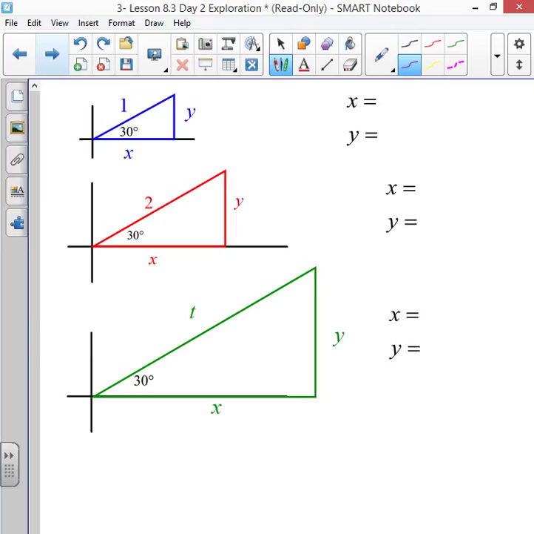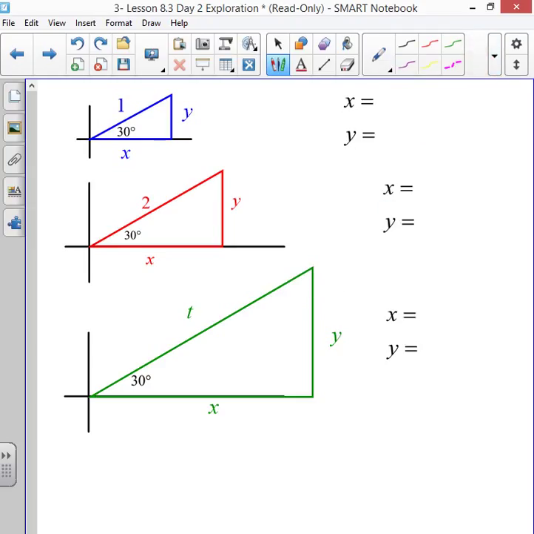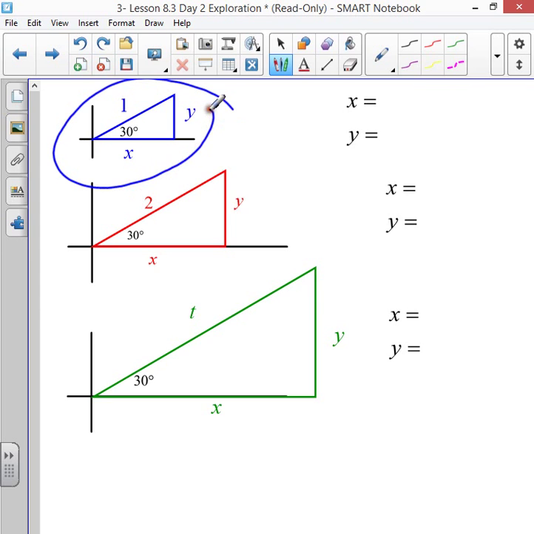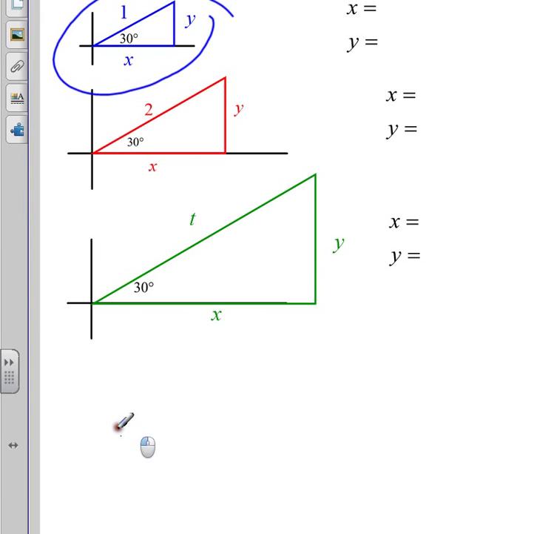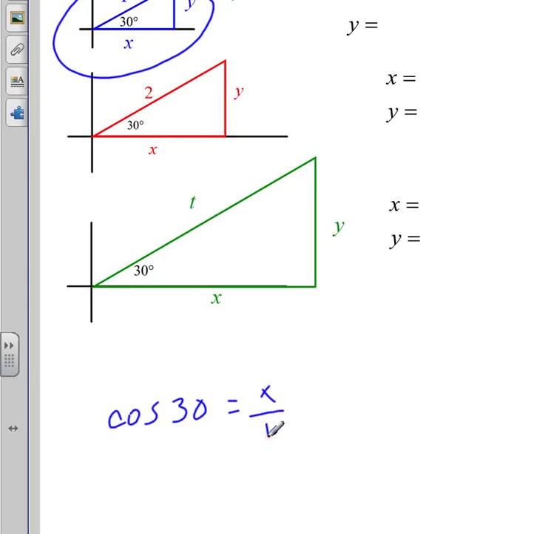Alright, and finally, so we know how to graph circles. How about lines with respect to still being in trigonometry? So if you look at this first blue example here, I know that cosine of 30 degrees equals the adjacent over the hypotenuse, so x over 1.